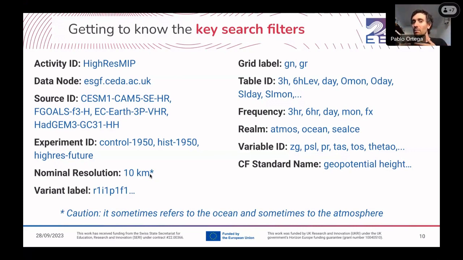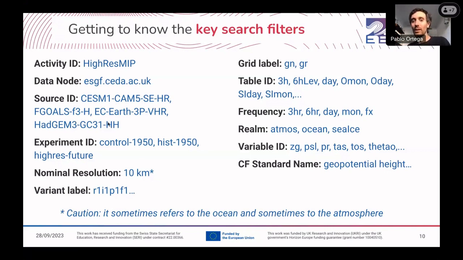So in some models this refers to the atmosphere, not the ocean. In some models, it's the other way around. So in the end, if you filter through this, you might be missing relevant experiments. The good thing is you know already which models you need to look for.